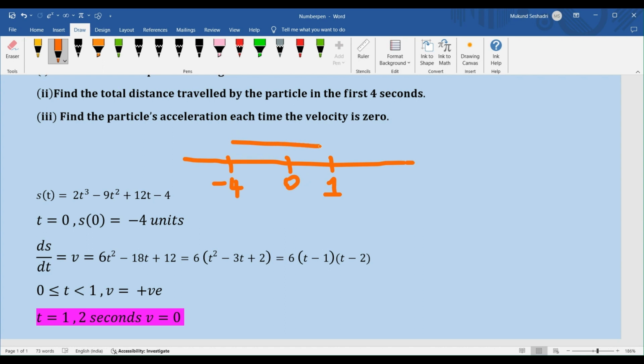So between t equals 0 and t equals 1 we have traveled a distance of mod of -4 plus mod of 1, which is 5, right? 5 units is what is being traveled.